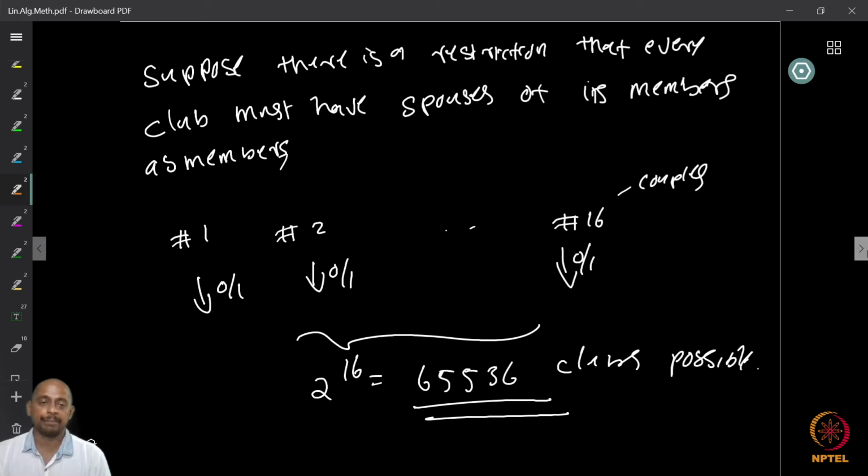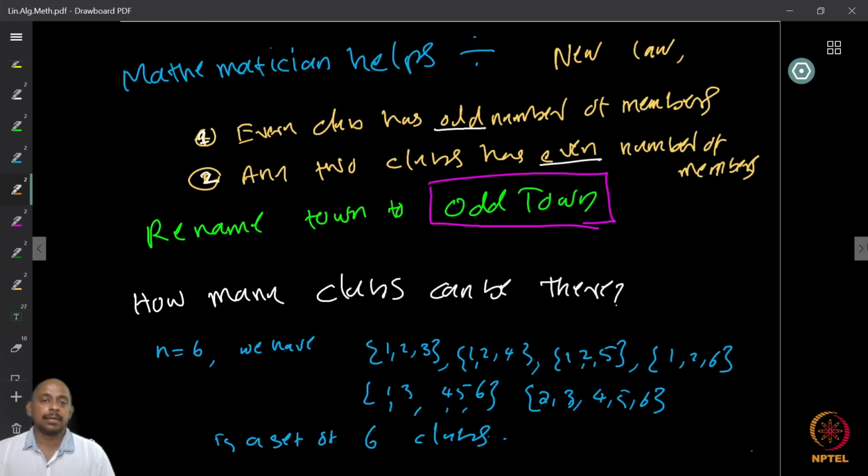So he talked to a friend of his, a mathematician, who said, I looked at your rule book, and there is nothing much to change. You just change the first rule, where you said every club has an even number of members, to an odd number of members. That's enough.